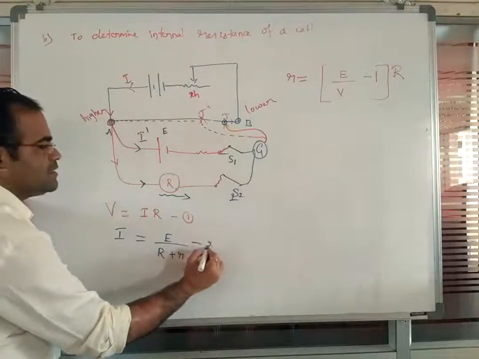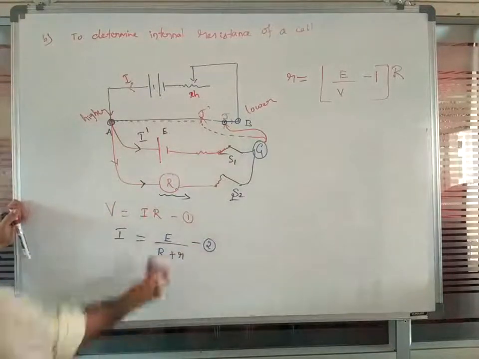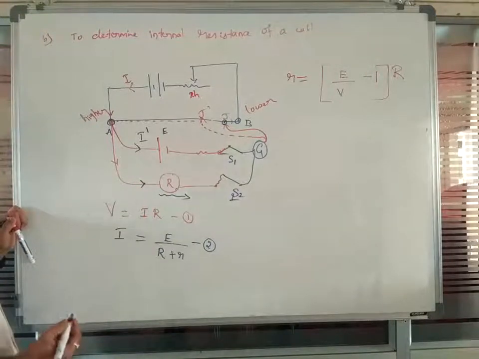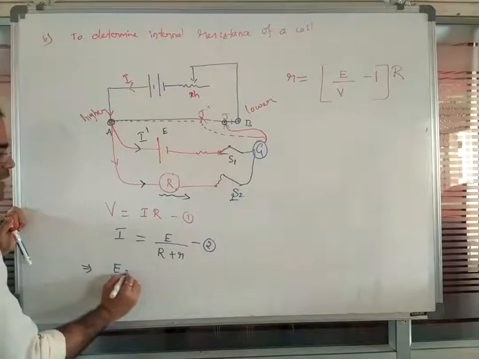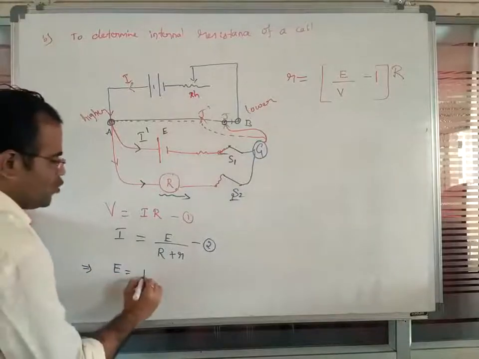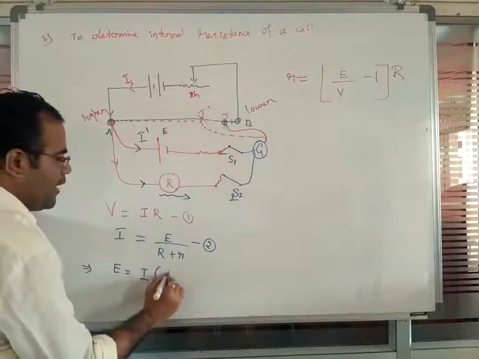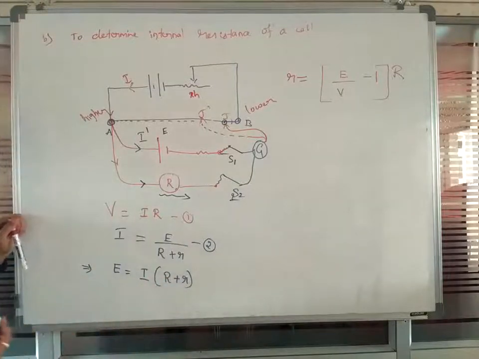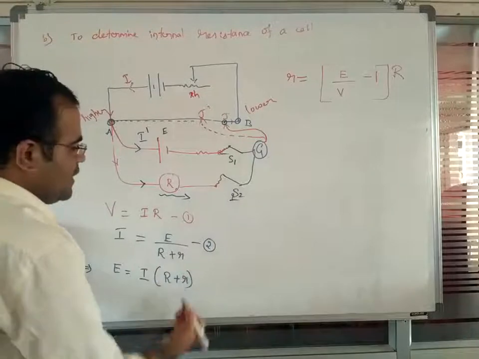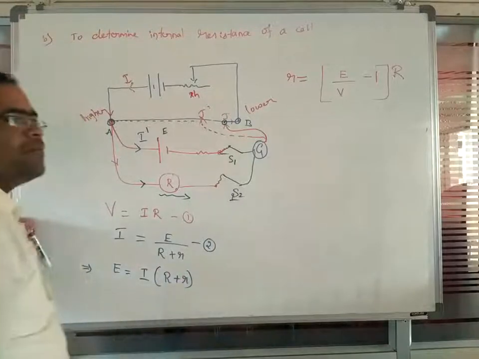So consider this as equation number 2 here. So we will alter this equation number 2. When we alter, we can write E is equal to I multiplied by capital R plus small r. So this is the third equation, which is altered in terms of EMF of a cell.